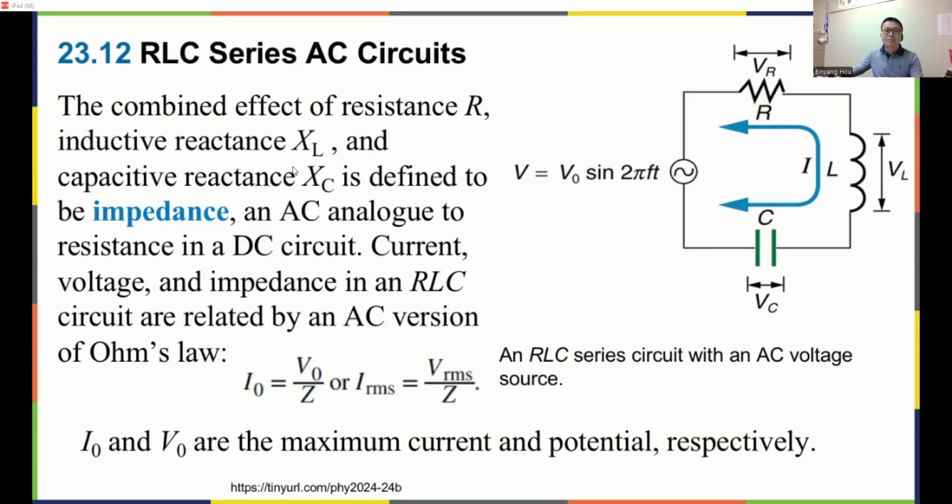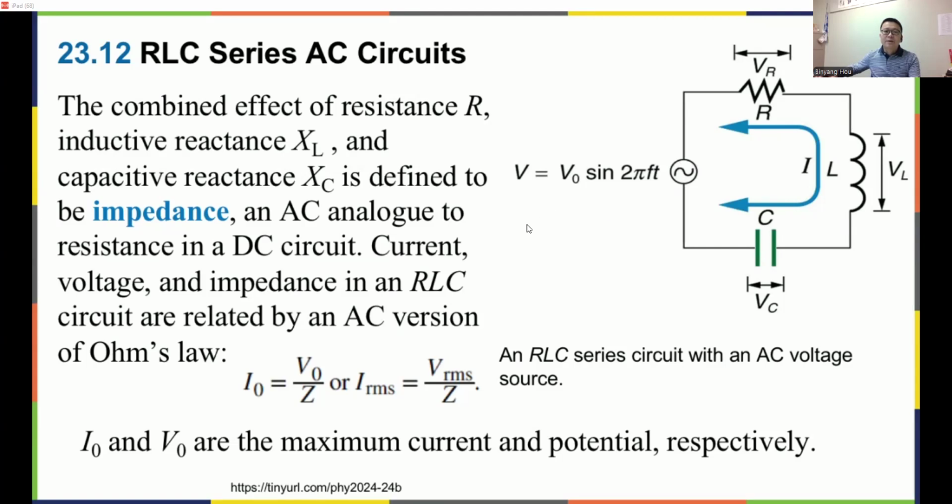All these three combined, we call impedance, collectively, when they are all present in the AC circuit. For example, you have those three: resistor, inductor, and capacitor, all in the AC circuit here. So the collective reactance to the voltage you apply is called the impedance.